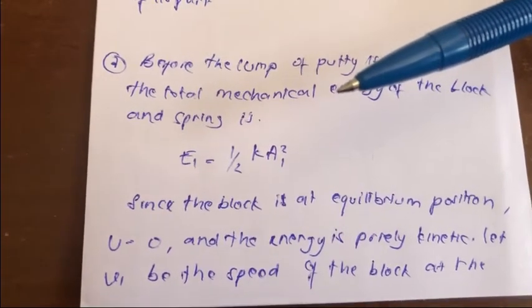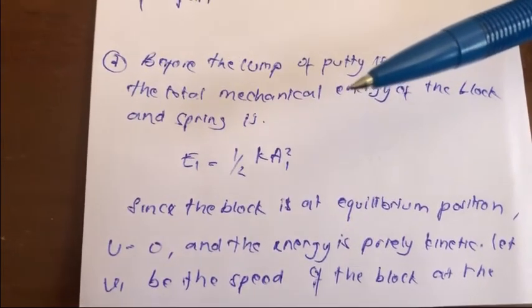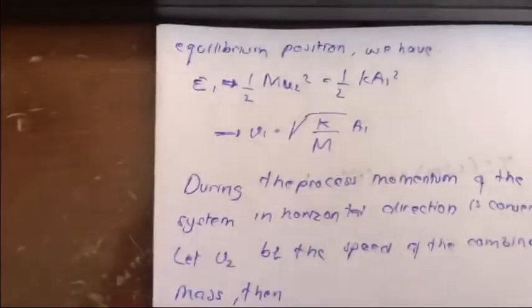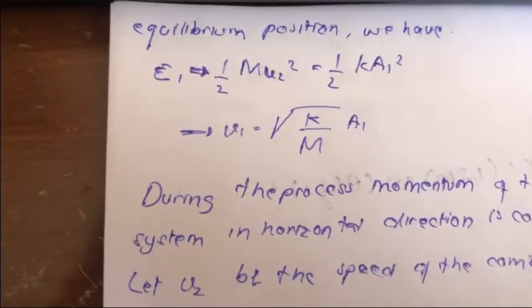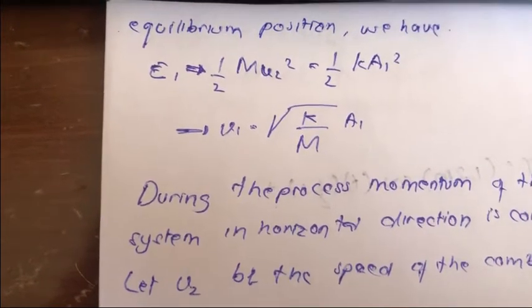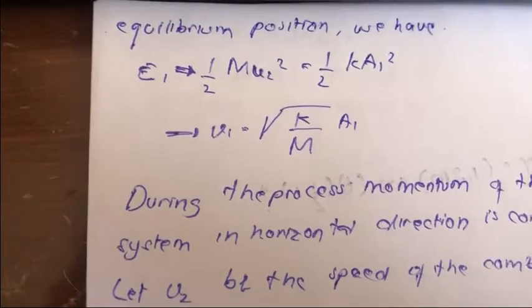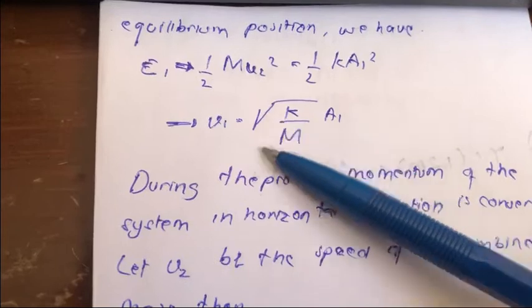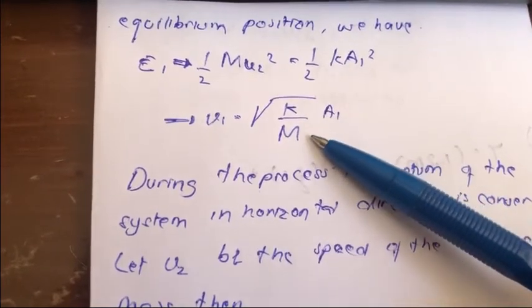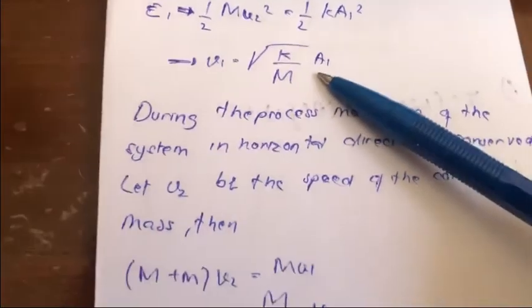Let V1 be the speed of the block at the equilibrium position, when E1 is half M V1 squared equal to half k A1 squared, and we get V1 is root of k divided by M multiplied by A1.